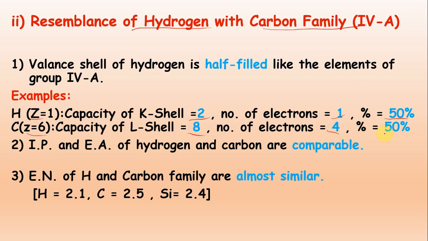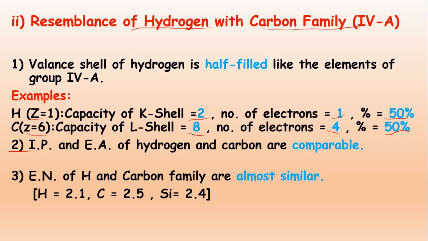So 50% of the electron filling is done in carbon, the fourth A group elements, and in the first A group, that is hydrogen. So this is the similarity, that both hydrogen and the fourth A group have half-filled valence shells.